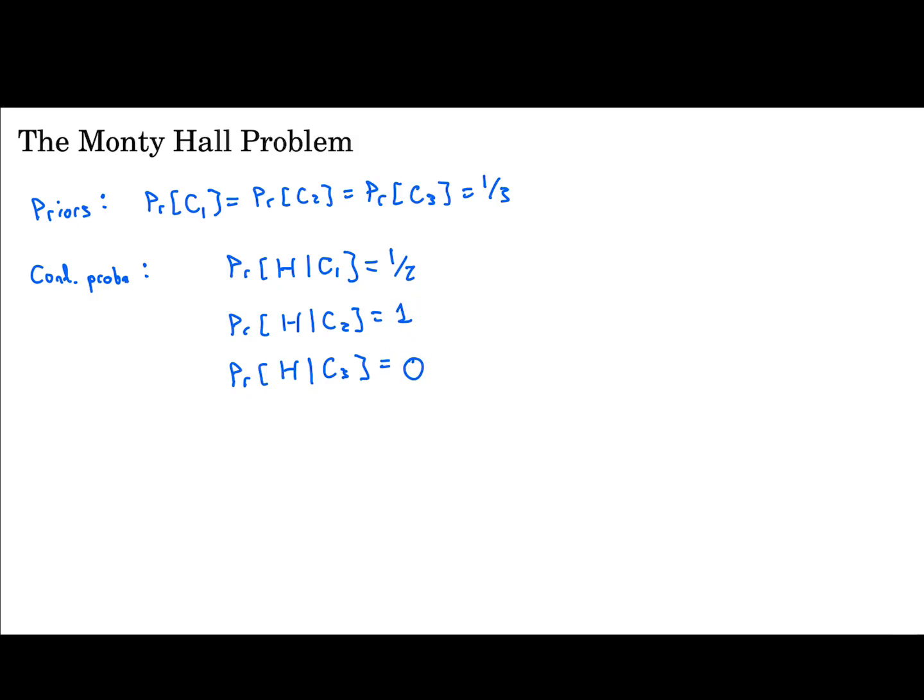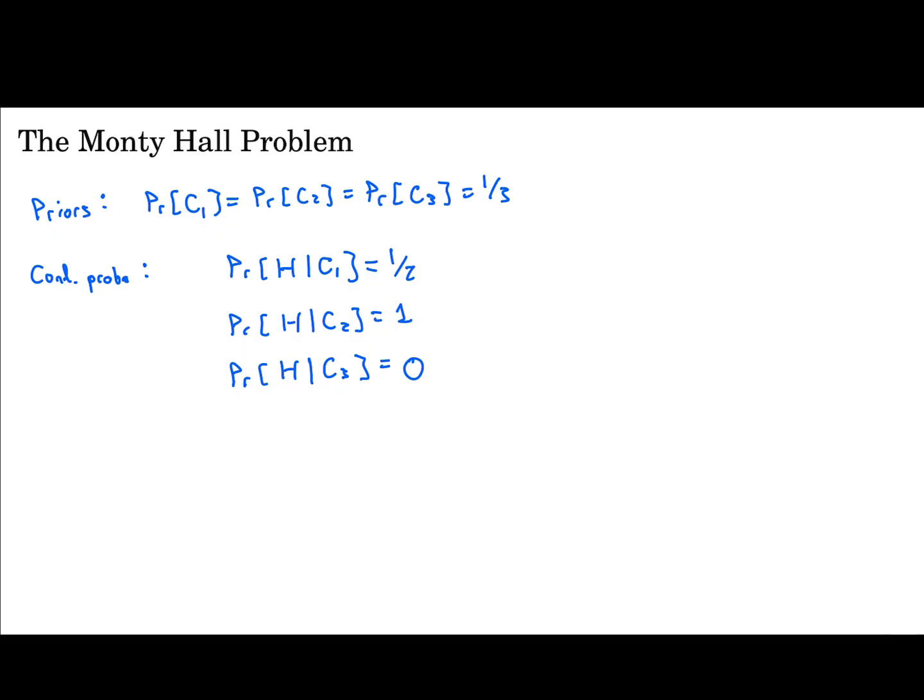Since the host knows where the car is and he's never opening that, in the case where we haven't selected the car, what he will do is determined from his point of view. He's just going to always choose the door with the other goat that we didn't select, right?